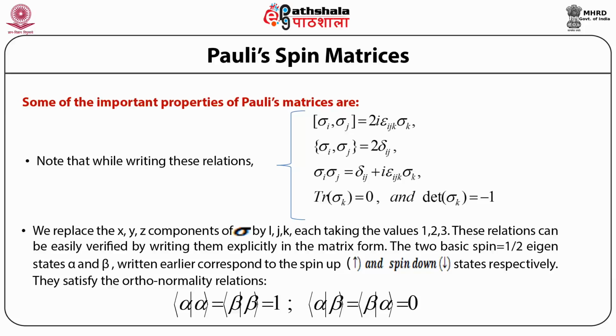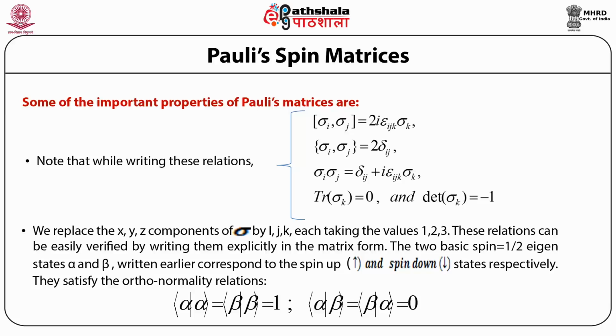So wherever in the relation we see the indices i and j occurring, they actually refer to the three components x, y, and z. And if i is component x, then j will be component y and k will be component z. And similarly, we can do it in a cyclical order, and accordingly we can get which component is being represented by i, j, and k.